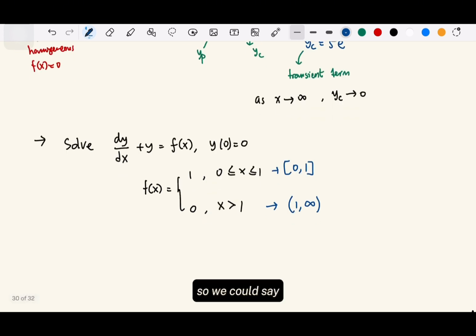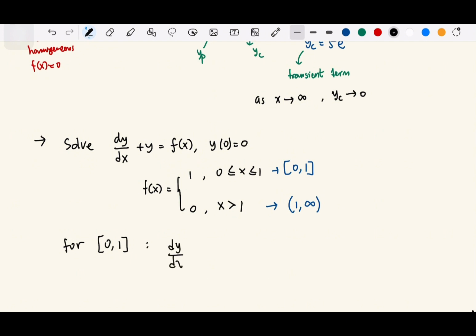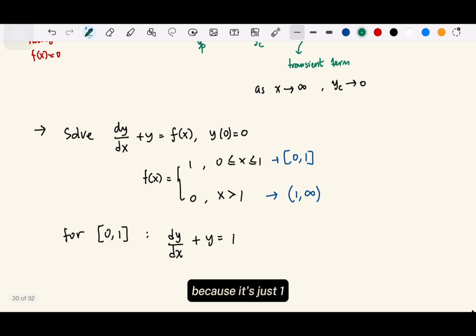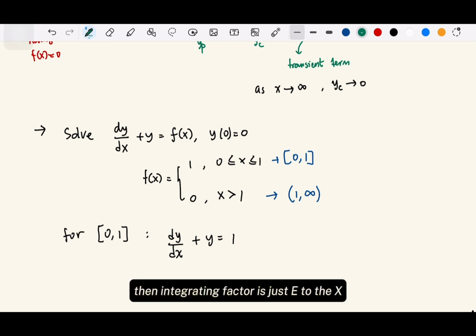So for the first interval, we can get this equal to 1. And then by taking the integrating factor, because it's just 1, the integrating factor is just e to the x.